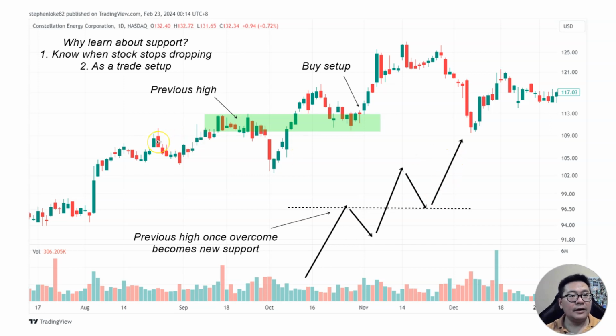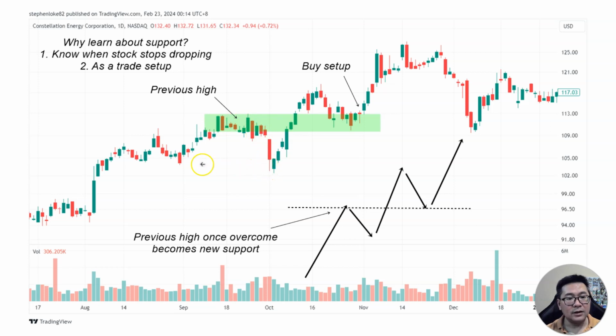Now I have with me here the daily stock chart of Constellation Energy. You can see that this stock tries to move up, and around this area it declined. It moved up, formed a topping tail, then tries to move up, but eventually it formed kind of a rounded top, and then it declined.